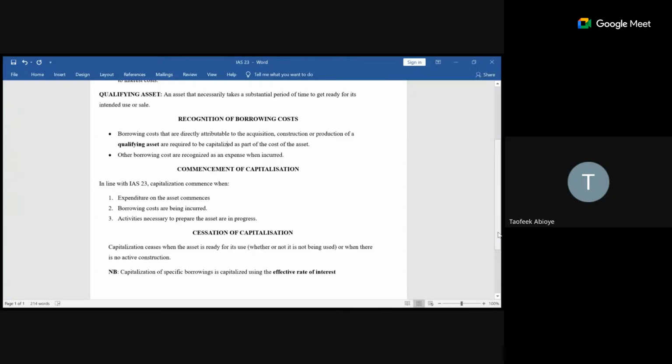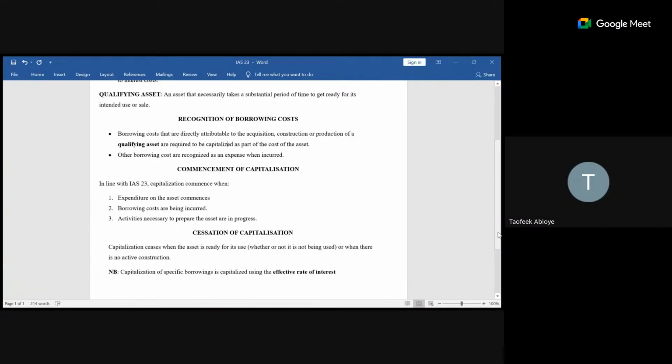Then, cessation of capitalization. In line with IAS 23, there are 4 key things here. Number 1, a qualifying asset: is the asset you are talking about a qualifying asset? Number 2, recognition of the qualifying asset: is it to be capitalized or expensed? You need to take note of it. Number 3, commencement of capitalization. Number 4, cessation of capitalization.